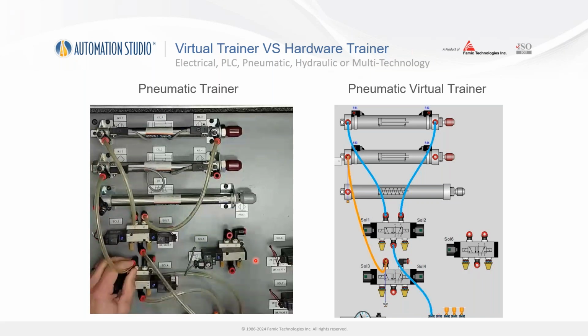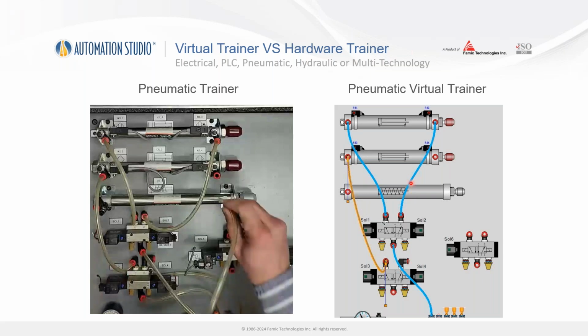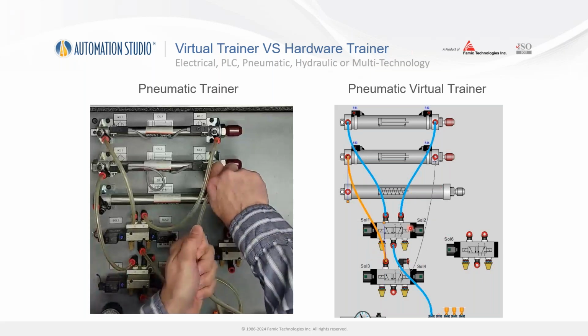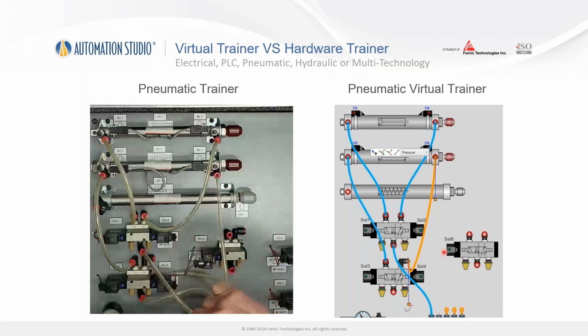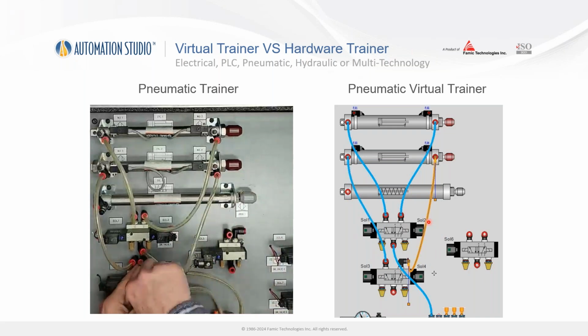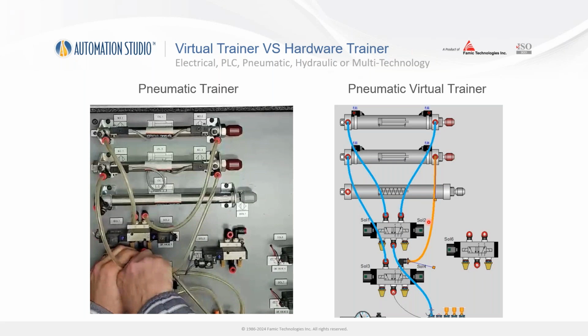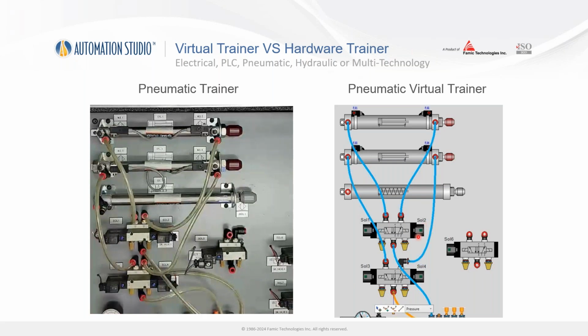Also, you can create the circuit in Automation Studio using the illustrated components and then the flexible wire pipes, you can see.